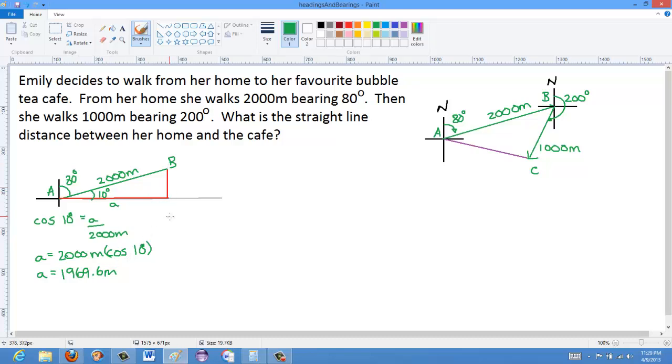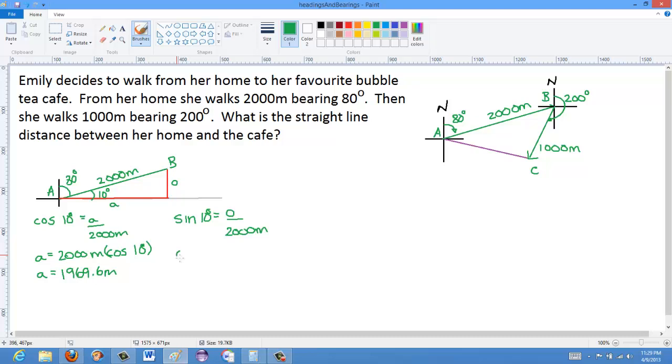How much did she walk upwards? We would say sine of 10 degrees is equal to the opposite over the hypotenuse, so 2,000.